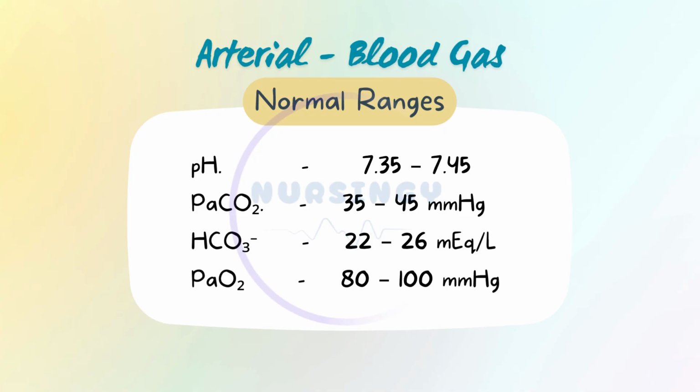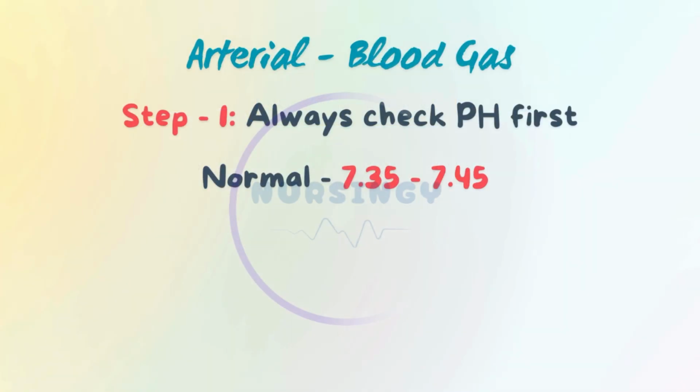Let's move to ABG interpretation now. Always the first step is to check the pH level. The normal pH is 7.35 to 7.45.